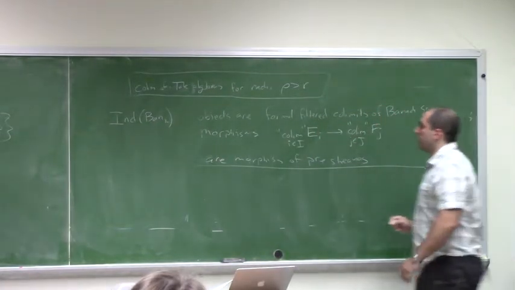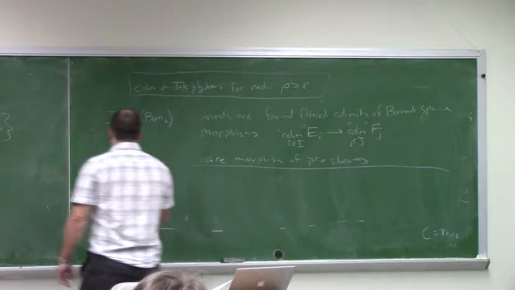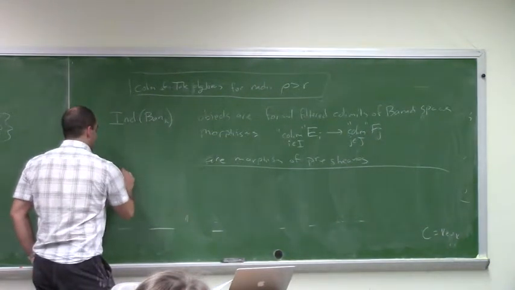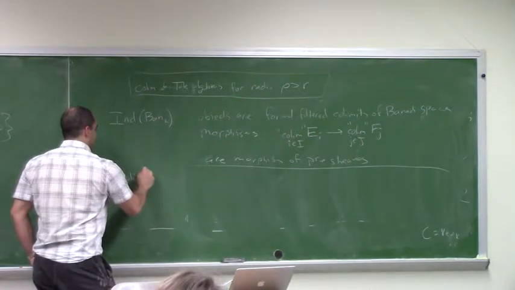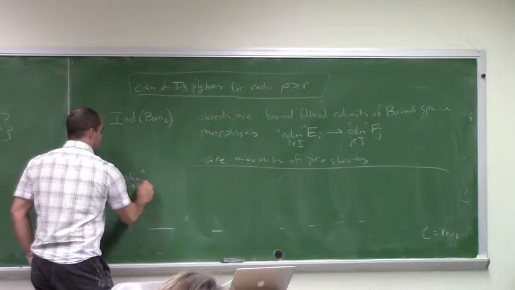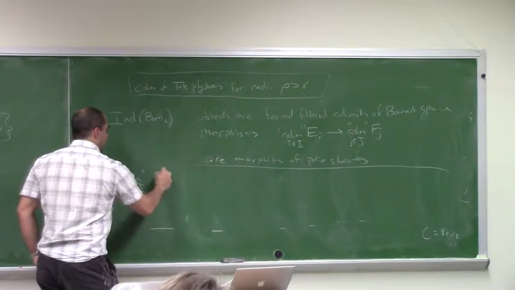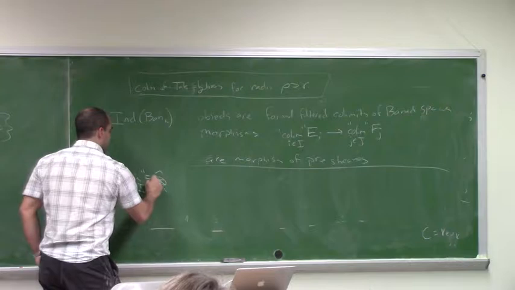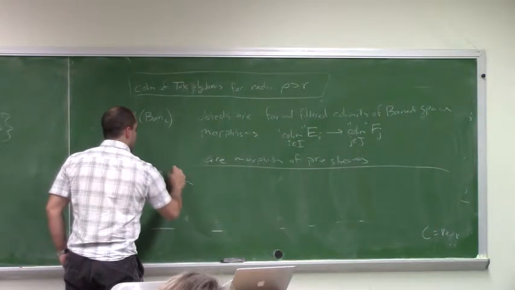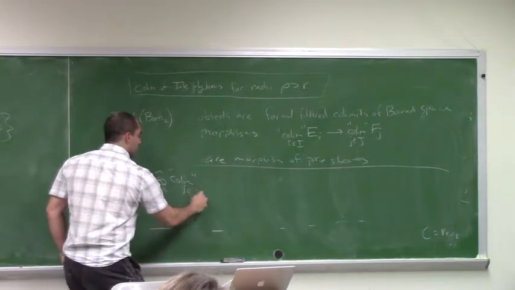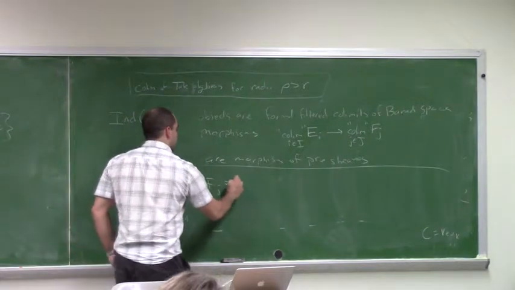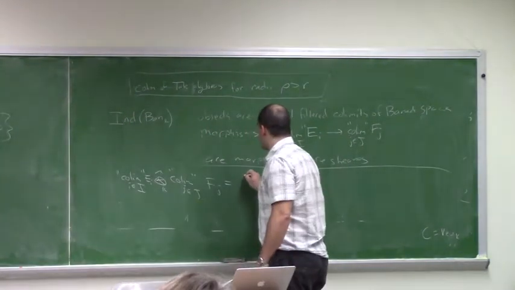So this category has all the same properties. For instance, the tensor product will just be defined in this dumb way: you just put together the index sets.